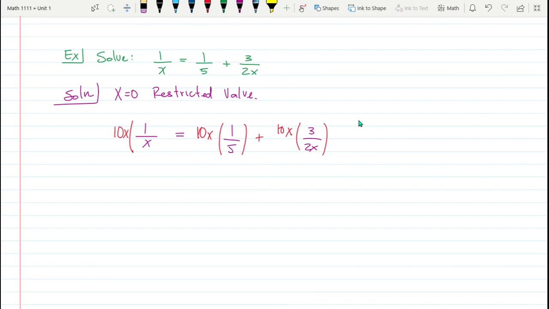Okay, so this is what the problem looks like now that we're multiplying by the lowest common denominator. And the idea is that this and that x cancel out.